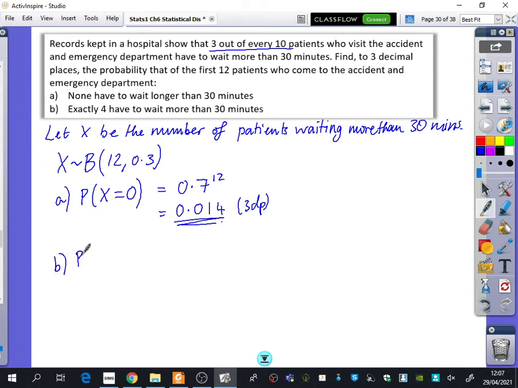And then the last one is that exactly 4 have to wait longer than 30 minutes. 12 choose 4, 0.3 to the power of 4 and 0.7 to the power of 8. Make sure the powers add up to 12. So let's just get that in the calculator and then you can try the questions on the next page.